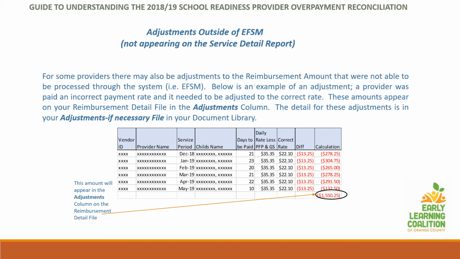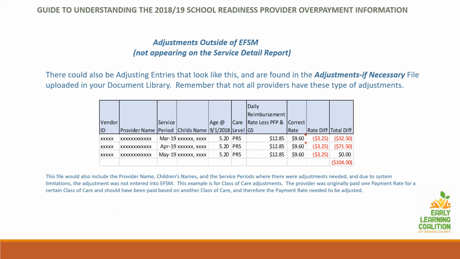Examples of these types of adjustments could have been to correct rates paid incorrectly or to correct care level changes as shown on the next slide. This slide shows you an adjustment for a care level change needed as the correct school age rate did not process correctly in EFSM.